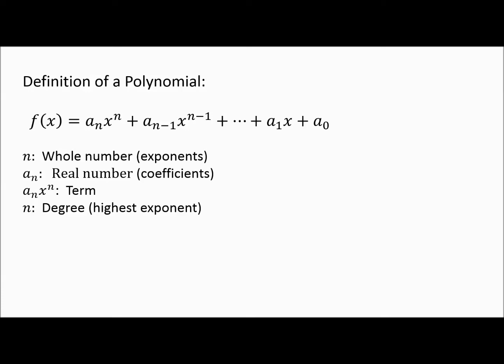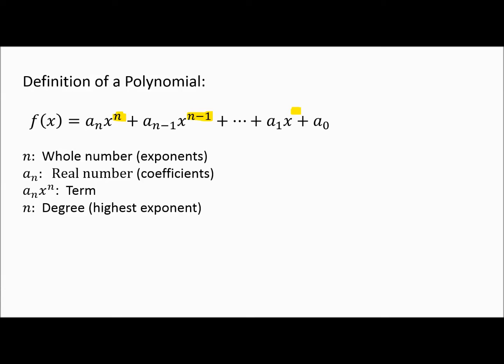I know that looks like a mess, but what's going on here is the n values, not just this first n value, but this n value, n minus 1. There's a 1 here, and there's not an n value here at the end. Those are all exponents, and those exponents are whole numbers. So they are 0 and larger, and they're integers.